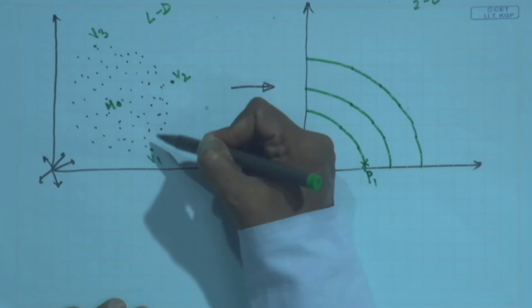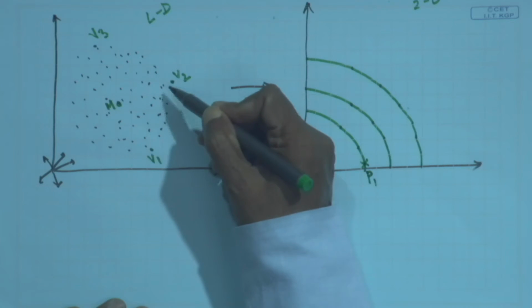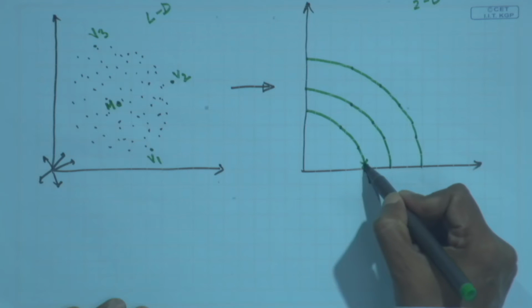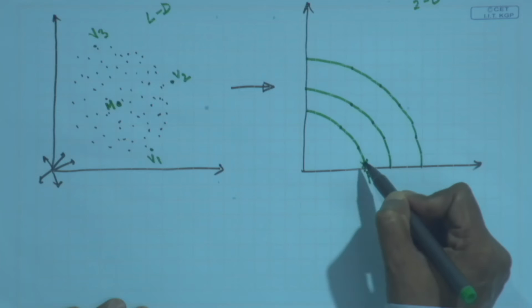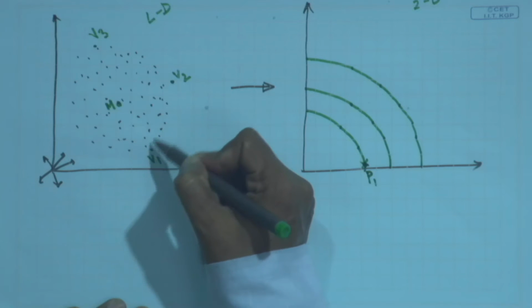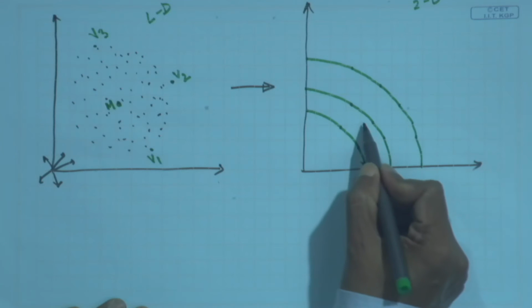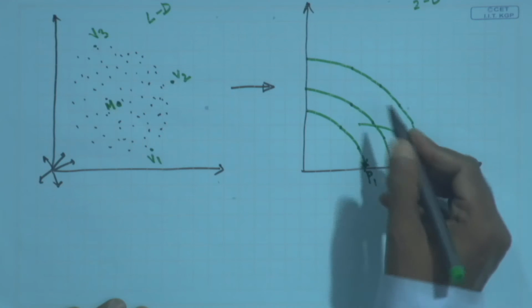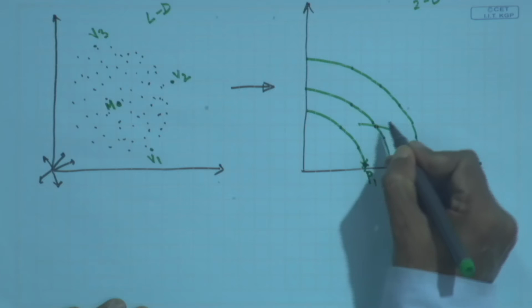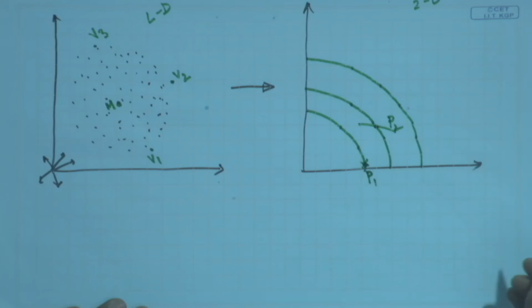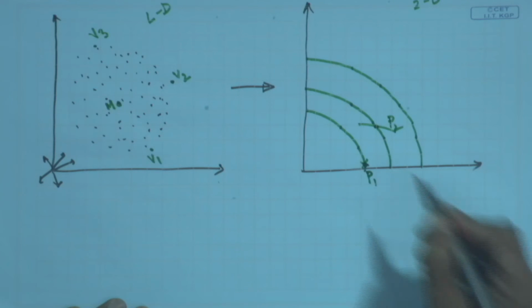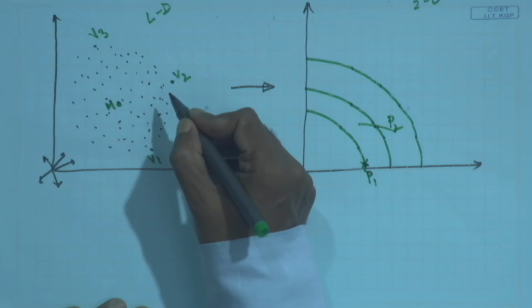Now, I know the Euclidean distance between V1 and V2. So, considering P1 as center, I can draw one circular arc with radius equal to the distance between V1 and V2. I will be getting one circular arc here, and this particular point is nothing but your P2, the pivot point corresponding to V2.